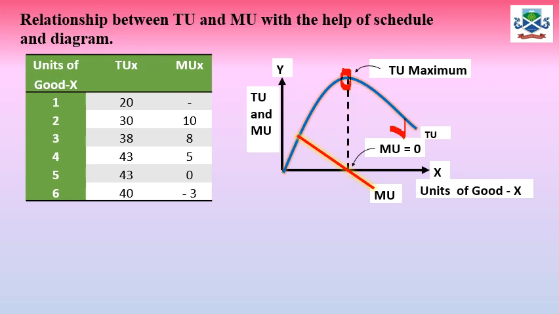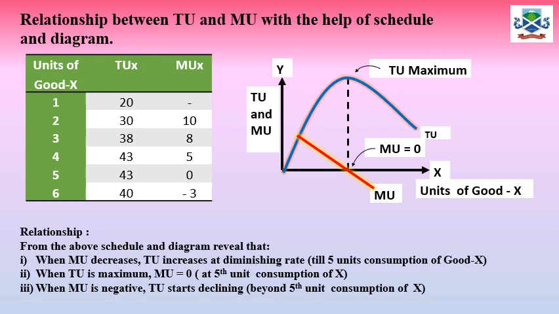So look at the relations over here. When MU decreases, TU increases at a diminishing rate till the fifth unit of consumption of good X. As your marginal utility starts decreasing to this point, you will find TU is increasing till the fifth unit of consumption.